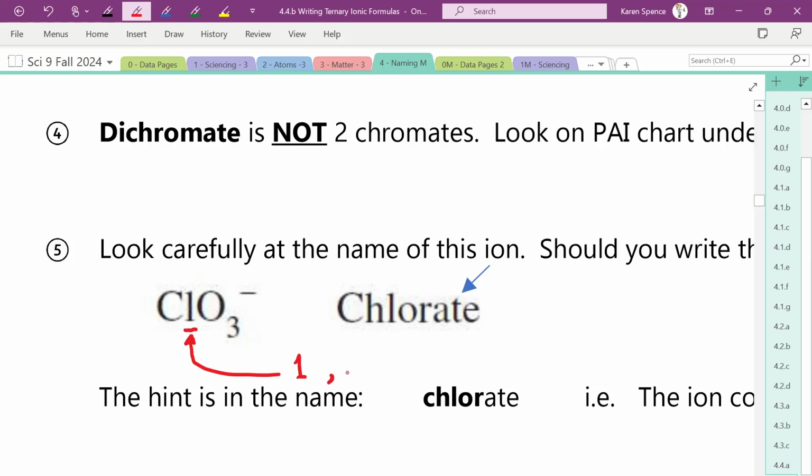Is it an L? Or is it a capital I? And this is chlorate. Oh yeah, for sure. Yeah.